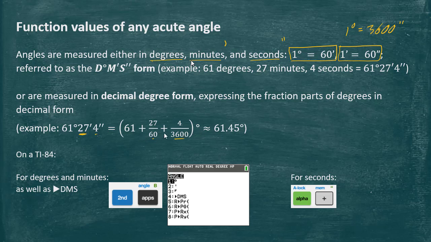And then I just add those results together, where the whole number part stays the whole number part, 61. The other parts, because they're proper fractions, will turn into decimals that when I add them up won't change that 61 at all. So the number of degrees that I have initially will always stay the same. It's the parts after it that will turn into some version of a decimal. So if I were to add these up on a calculator, it would turn into 0.45.